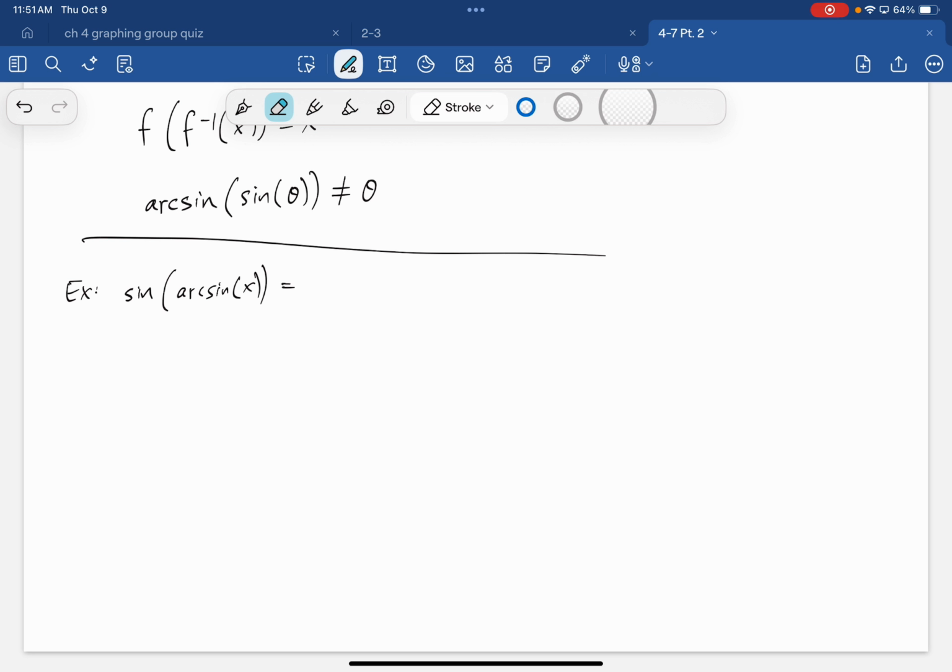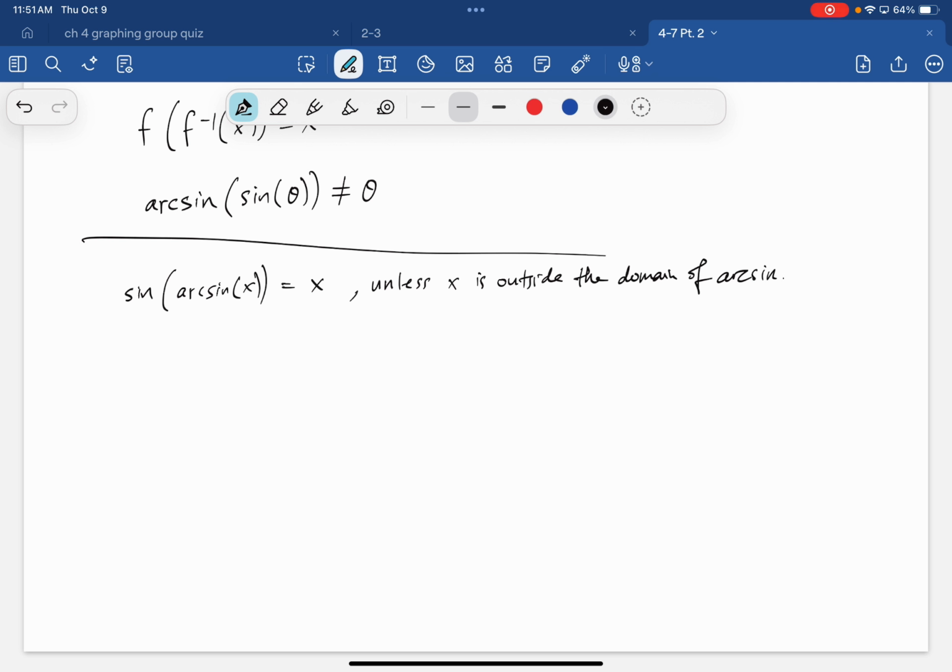The good news, guys, quiet please, is that this is usually equal to x. Always equal to x unless x is outside the domain of arcsine, which you might encounter a few of on the homework. So we can do a few examples and see that this is true.